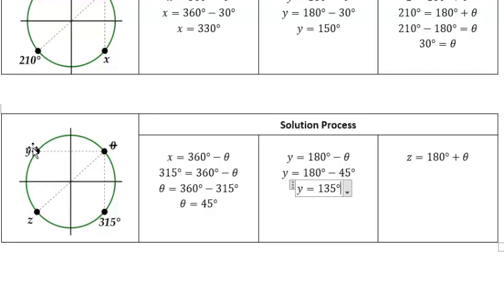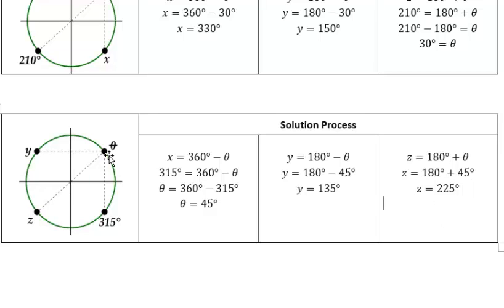So the position Y will be 135 degrees. Now, position Z is 180 plus the angle theta. So 180 plus 45 degrees will give me an answer of 225 degrees. So that will be the position Z.